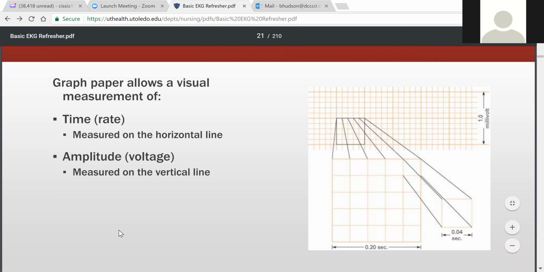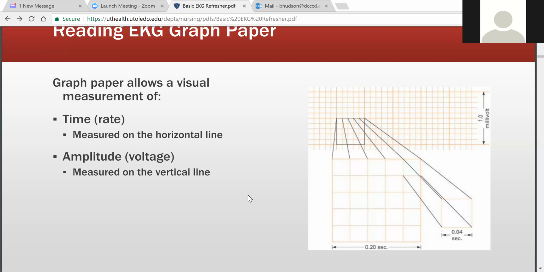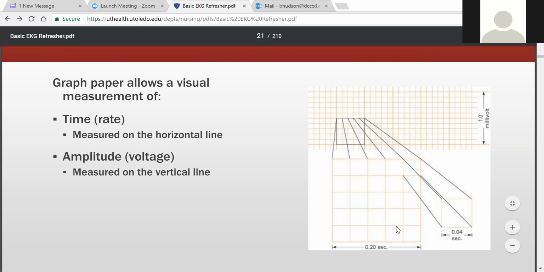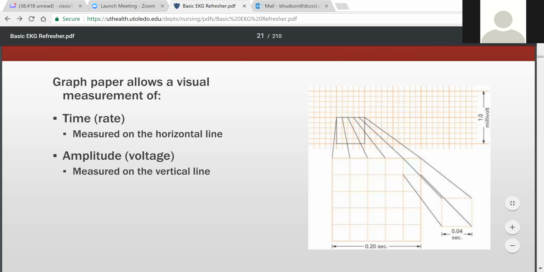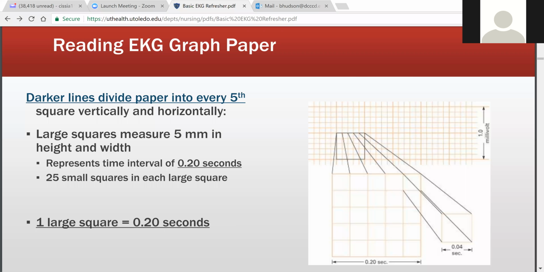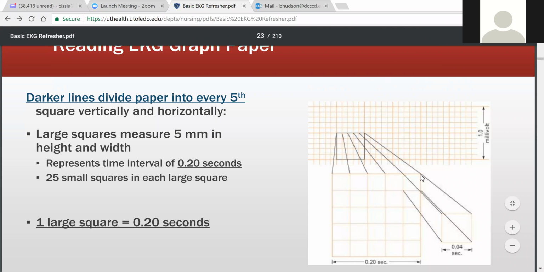That's how you're measuring the P wave and the QRS complex. You're using these little boxes in between. So one large square is 0.2 seconds, and one little box is 0.04 seconds.